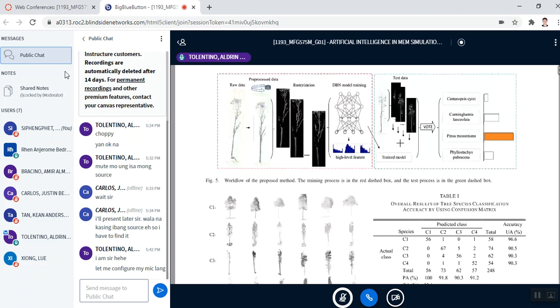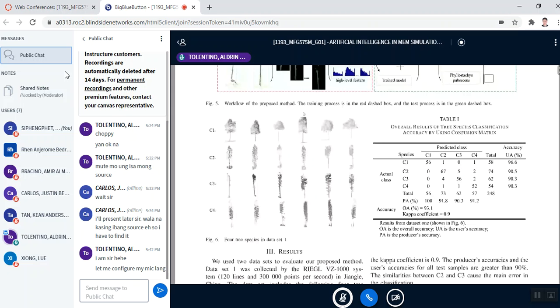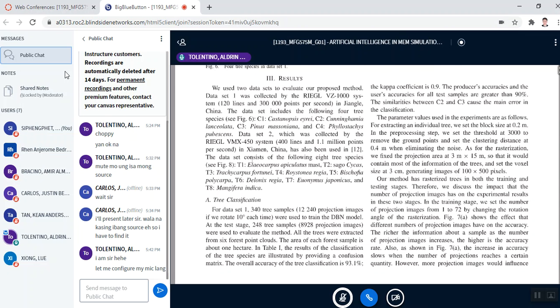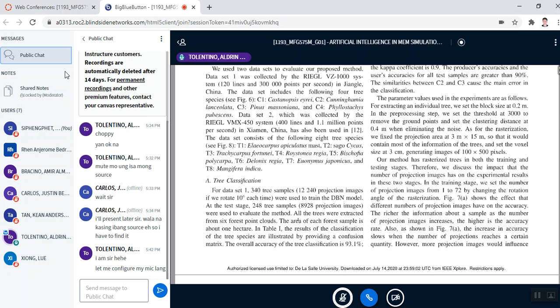Okay, so for the results, they didn't gather the data themselves, so they just used two existing data sets. For their first data set, they used 343 samples for training and 248 tree samples for testing. They garnered an overall accuracy of 93% for the tree classification. So it correctly predicted what tree the test data is for by 93%.